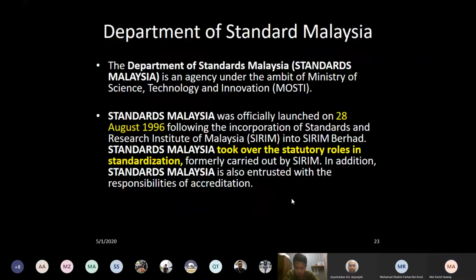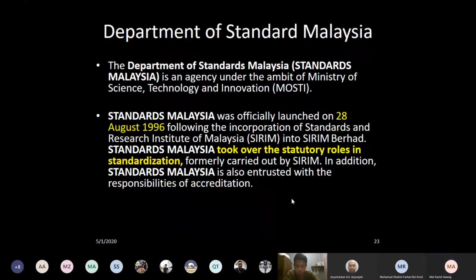Standards Malaysia was officially launched in 1996 following the incorporation of SIRIM. Previously, before it became SIRIM Berhad, SIRIM was responsible for the standards for the government of Malaysia.